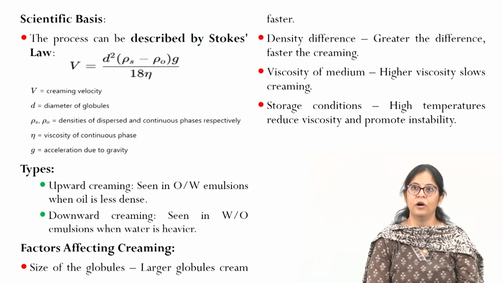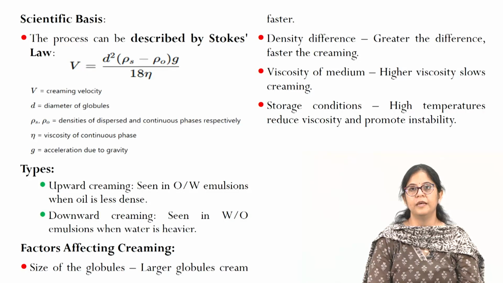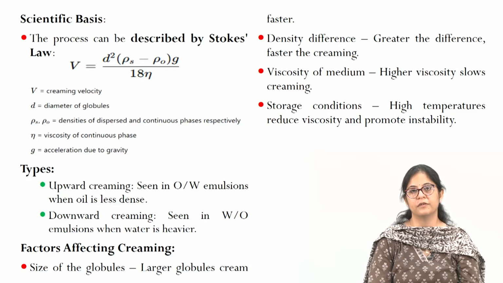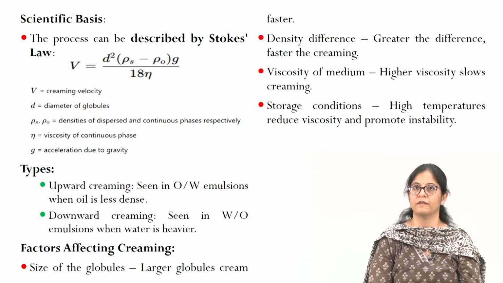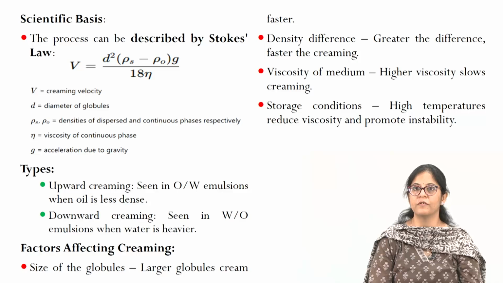So, the Stokes law, as given in this equation, shows the various factors on which the creaming velocity is dependent. The higher the diameter or the radius of the globules, the higher the rate of settling. The densities of the dispersed phase and continuous phase also have an impact. It is inversely proportional to the viscosity and directly proportional to the acceleration due to gravity.